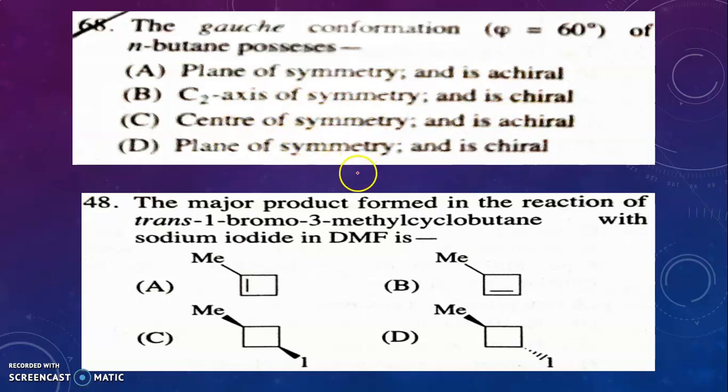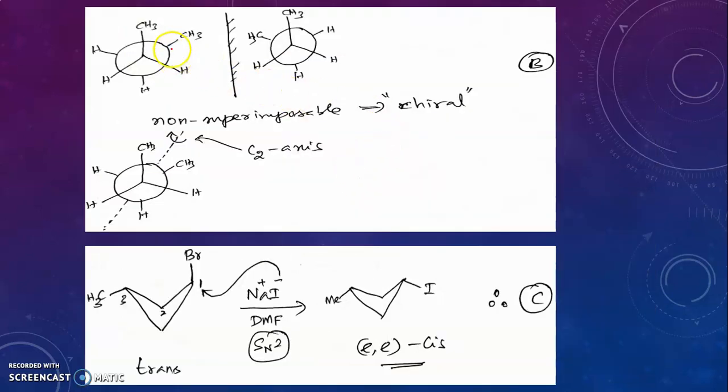We have 4 options. Now the answer is, listen, this is the gauche conformation of n-butane, right? See, in the gauche conformation, if you draw its mirror image, this structure and this structure are non-superimposable. Therefore, gauche conformation is a chiral one.